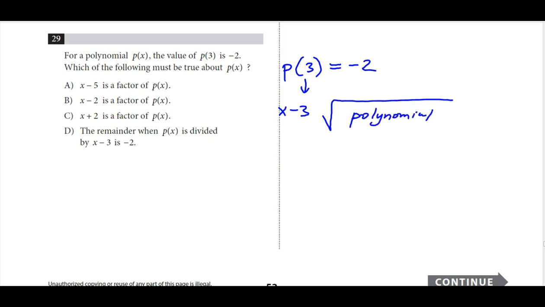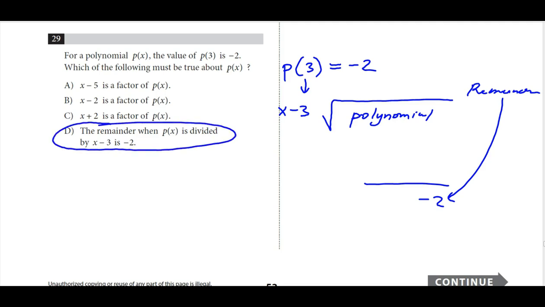They don't tell us. But I do know that when you plug 3 in, we're going to end up down here at the very end getting a remainder of -2. So the correct answer here is D.